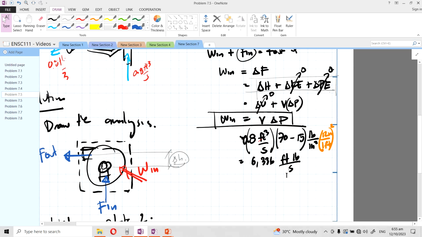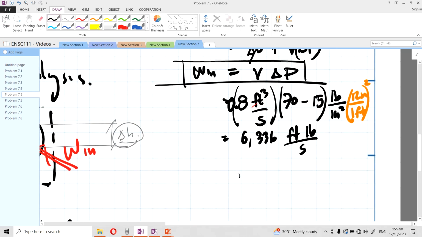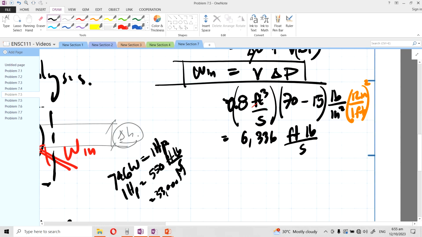So we need to know the conversion. Recall that 746 watts is equal to 1 HP, and 1 HP is equal to 550 foot pound per second, which is also equal to 33,000 foot pound per minute.